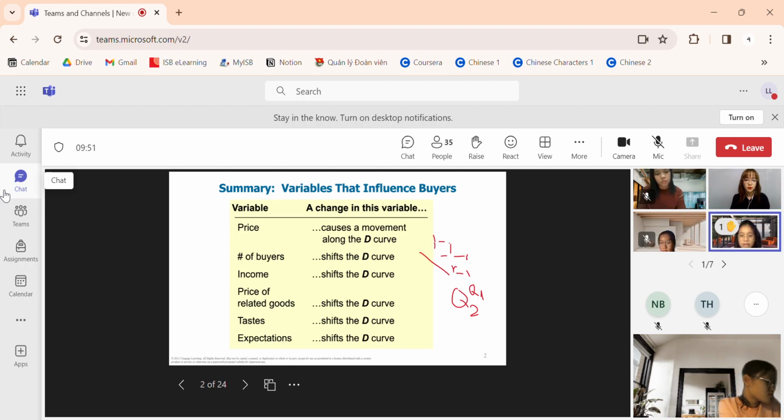So the rise in cinema movie prices increases the demand for film streaming services. So in this case, it shifts the demand for film streaming services to the right.